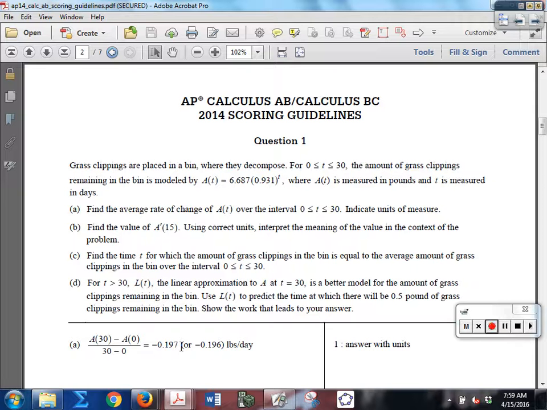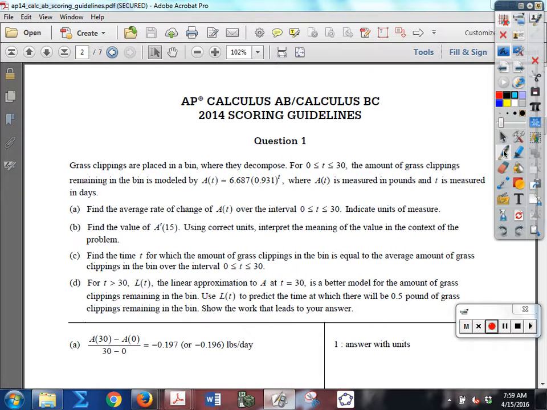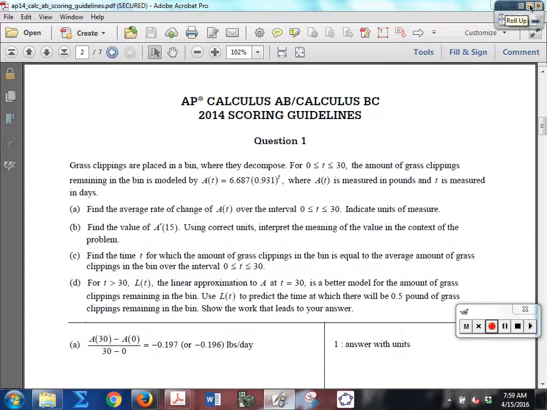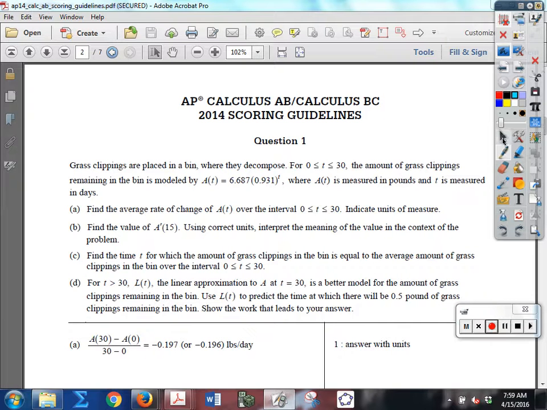And if you look at the units, you can tell by the units as well. Like if I did this one that you guys did on it, you guys did this, right? For number one.